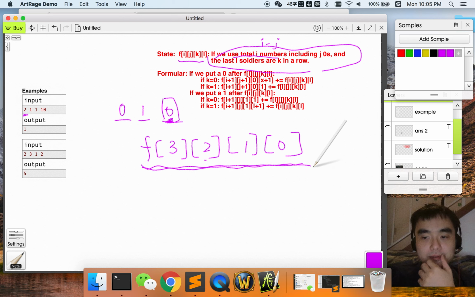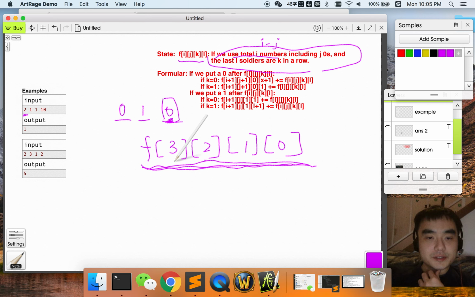This value is the number of valid arrays. So for example, this means we use a total of three numbers, two of them are zeros, and the last one number is 0.